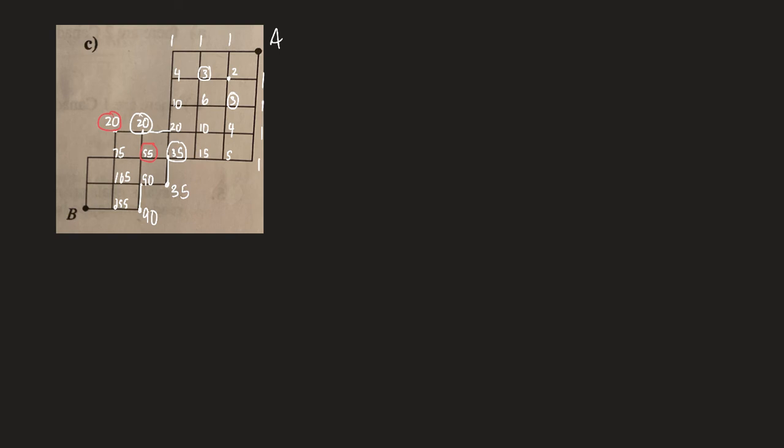Okay, so I'm at 75 to this point. If I go straight over, that's still 75. So 75 and 165, 240 I want to say, 240. 240 and 255 would be 495.